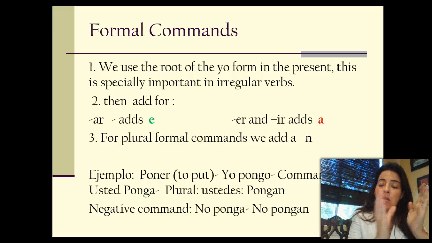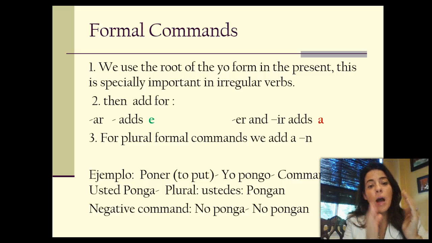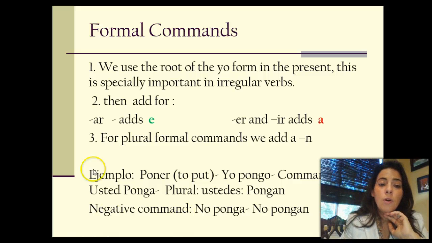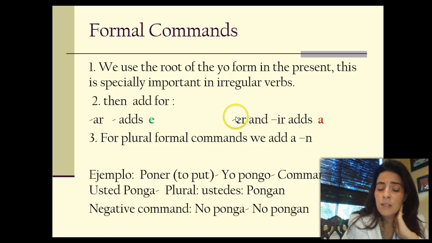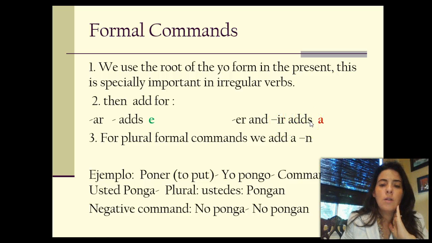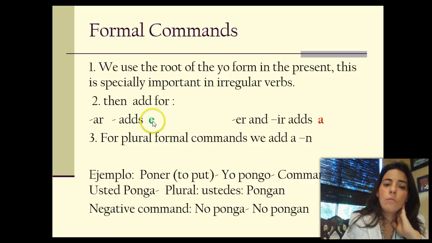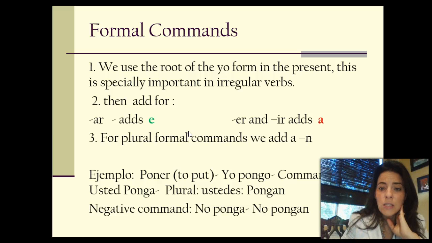So when you take that root, then you're gonna add a vowel, and it will depend on if it's a verb that ends in AR, then you're gonna add an E, and if it's a verb that ends in ER or IR, we're gonna add an A. So for those commands, remember, just get the root and then you're gonna choose the vowel depending on the verb. And if we wanna do a plural formal command for ustedes, we're gonna add an N at the end.